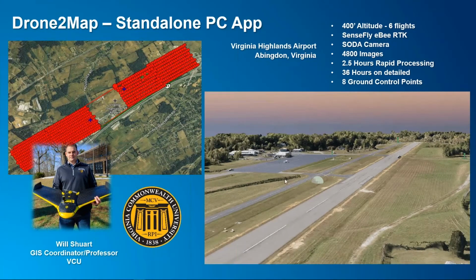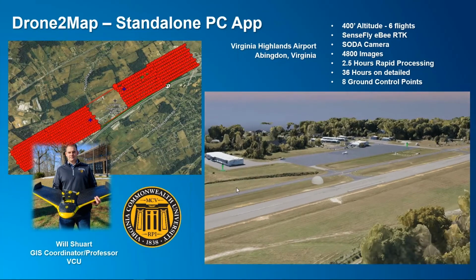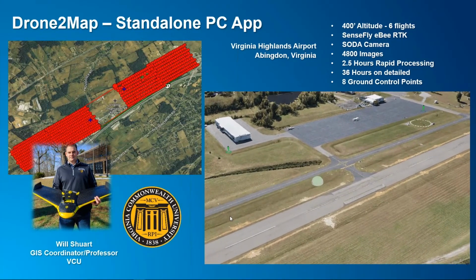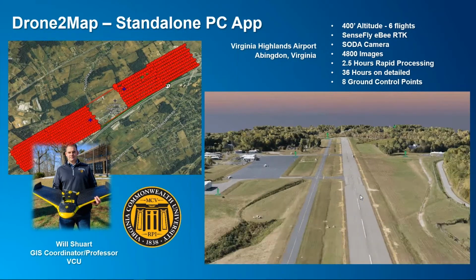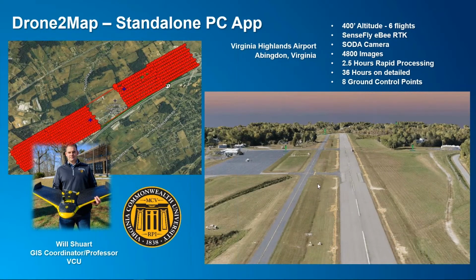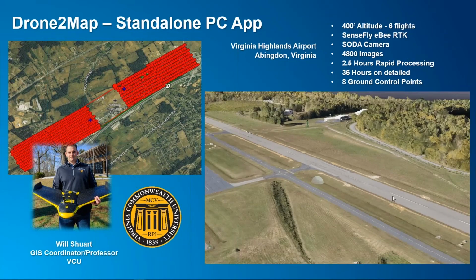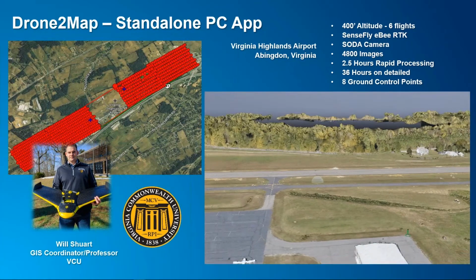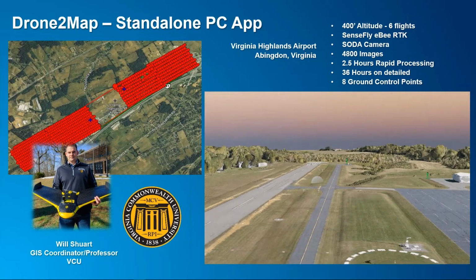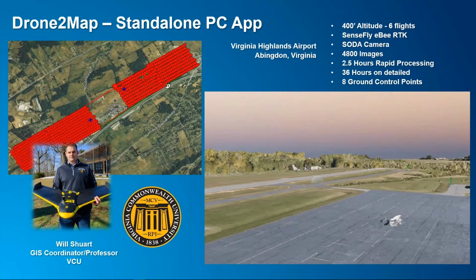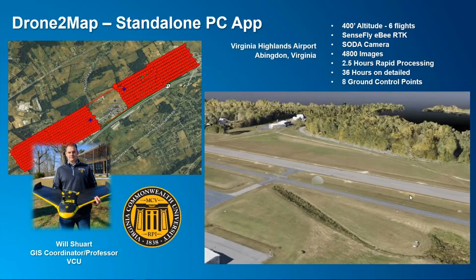users at VCU that was able to collect 4,800 images covering a small airport in Southwest Virginia. He had a very powerful machine to be able to process all of this imagery at the rate that he did.